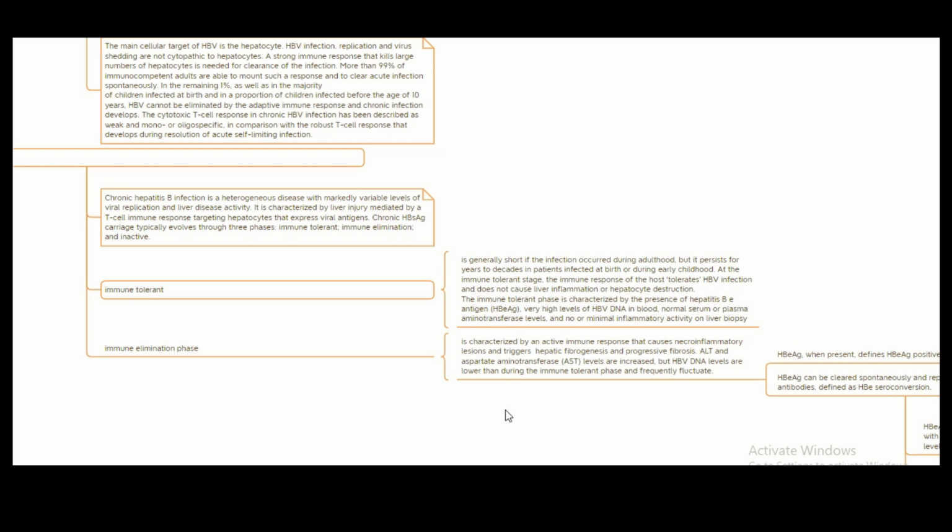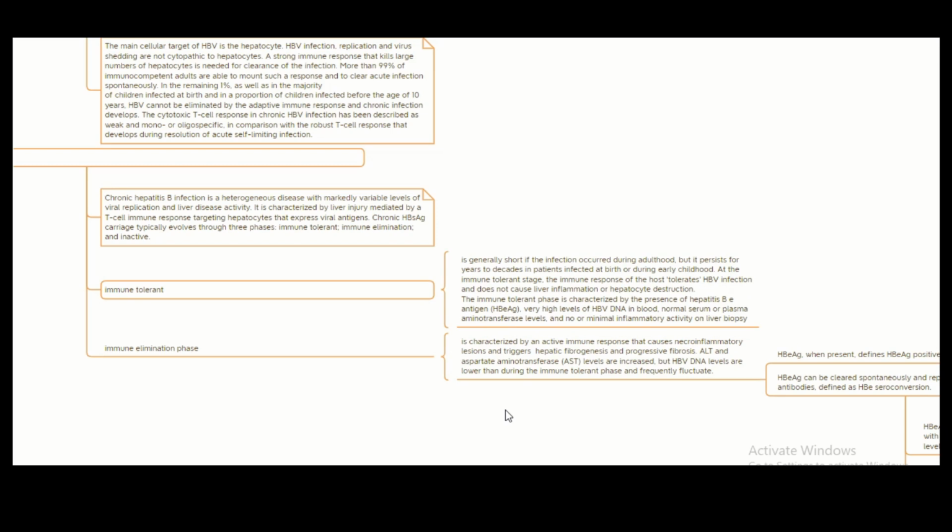Usually, these phases are immune tolerant, immune elimination, and inactive infection. Immune tolerant is the phase where we will not have an adequate immune reaction, and it usually happens during childhood, and it can persist for years and decades if the patient was infected at birth or during early childhood.